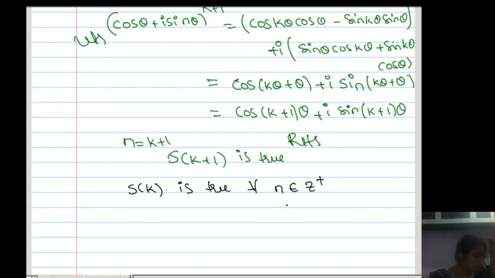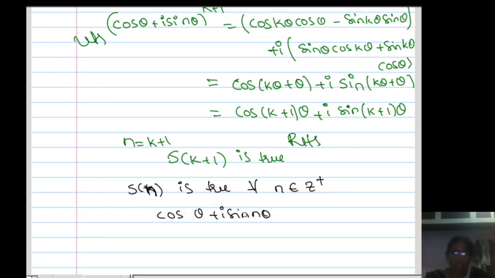So what is the meaning here? S of n is true for all positive integers. By using the principle of mathematical induction, I can conclude that (cos theta plus i sin theta) whole power n is equal to cos n theta plus i sin n theta, for all n belonging to the positive integers. Sorry, what is our LHS?